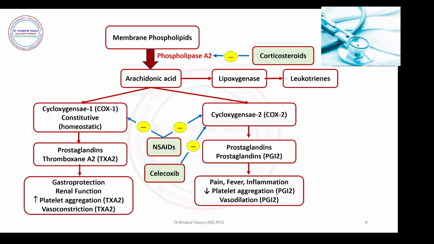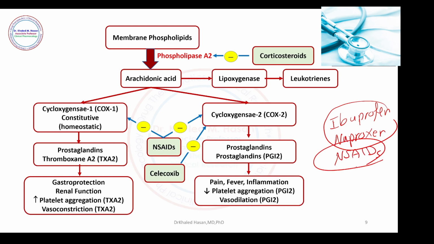For example, if the patient suffers from a headache or muscle pain and starts using ibuprofen or naproxen, this medication belongs to non-steroidal anti-inflammatory drugs. This type of NSAID works by blocking cyclooxygenase 1 and cyclooxygenase 2.